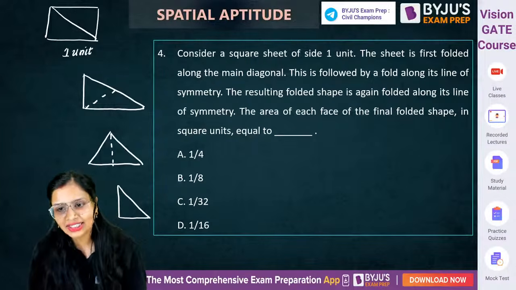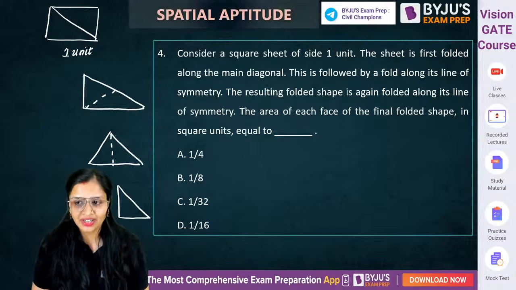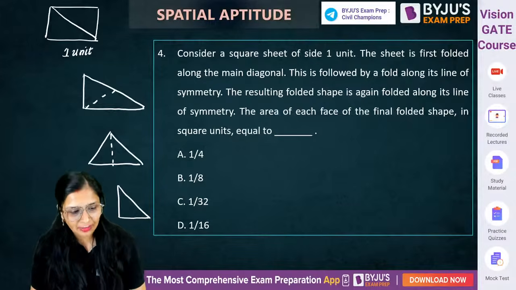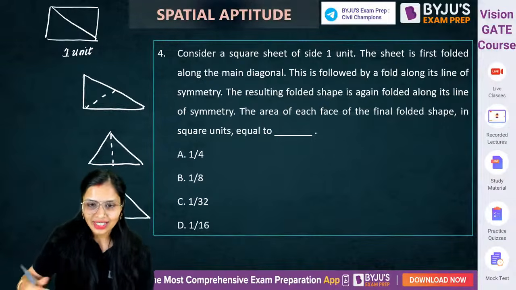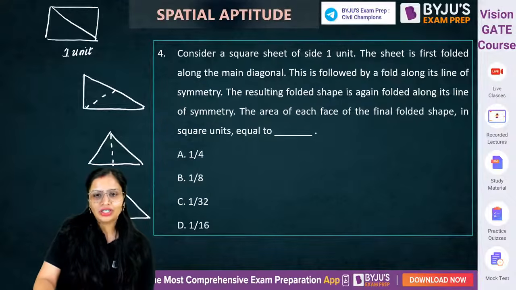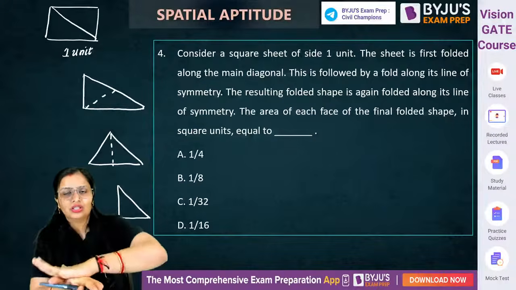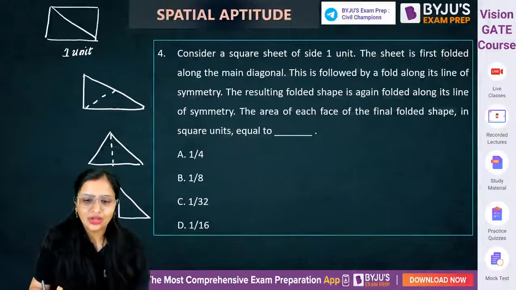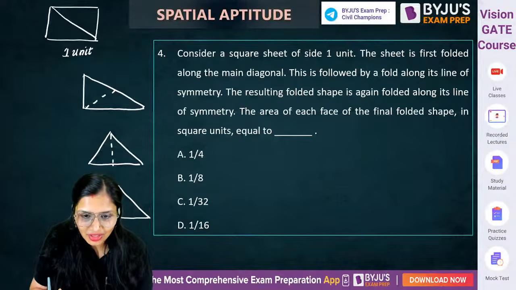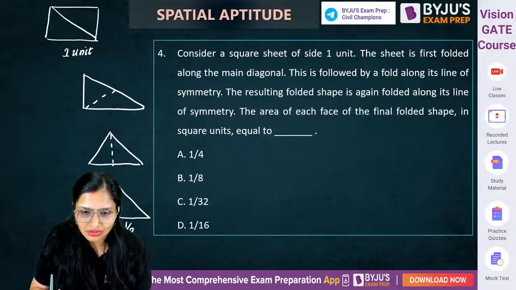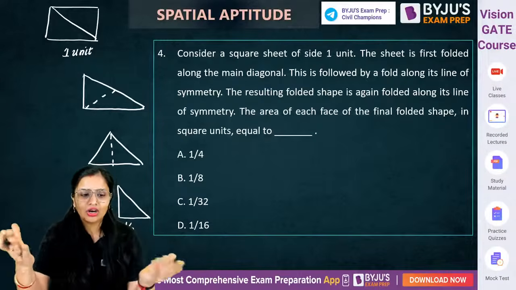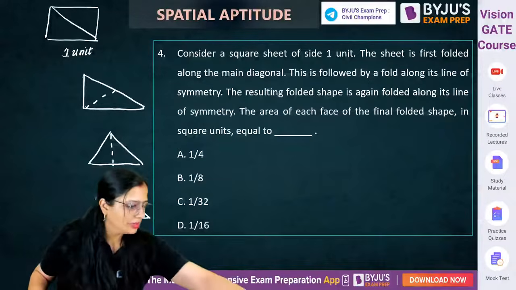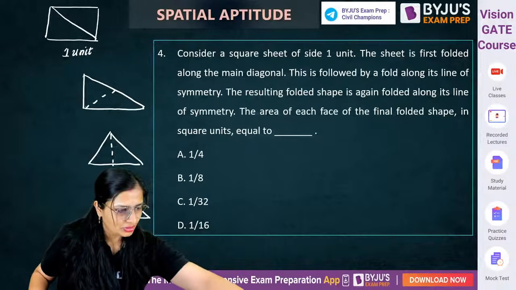Now it is asking the area of each face of the final folded shape in square units. See, if the total was 1 unit, now you have folded it. Basically out of 1 unit, you have converted it into half.